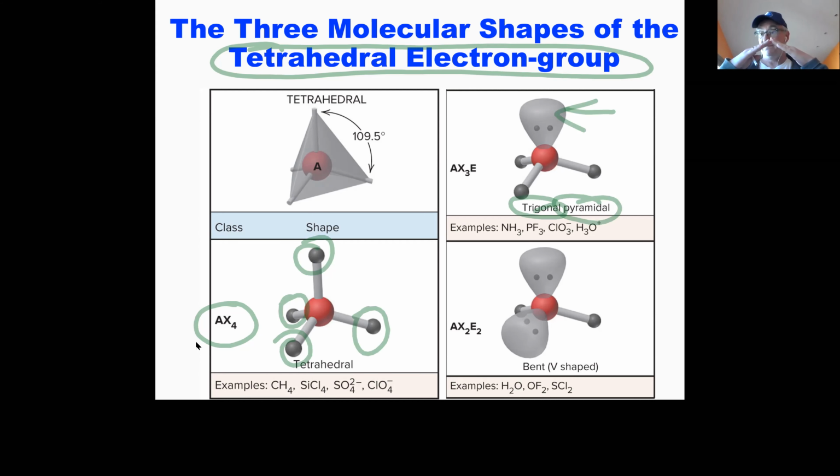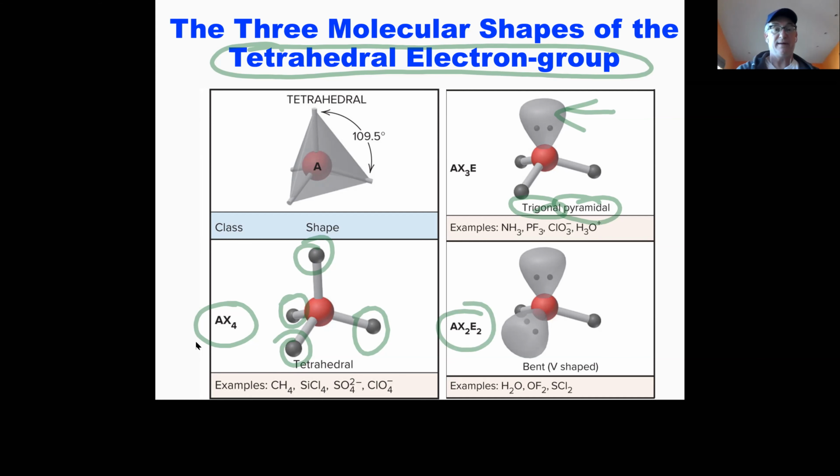Basically, it looks like it's bent, but with three atoms rather than two. So we call that trigonal pyramidal. Then when we have two atoms and two electron groups, like water, then we get the V shape or the bent structure again, okay?